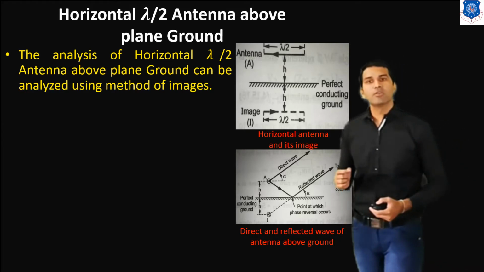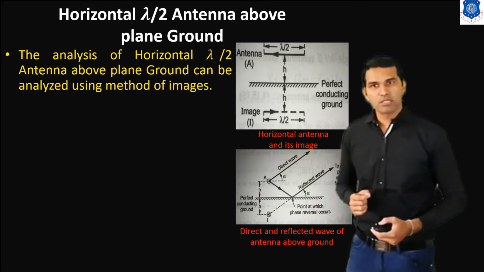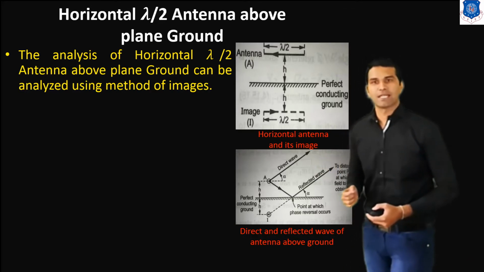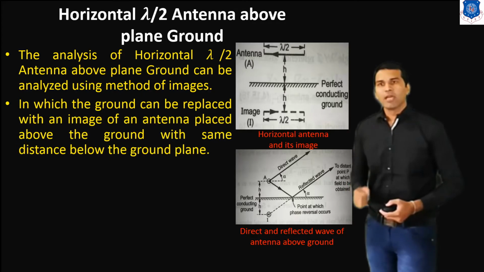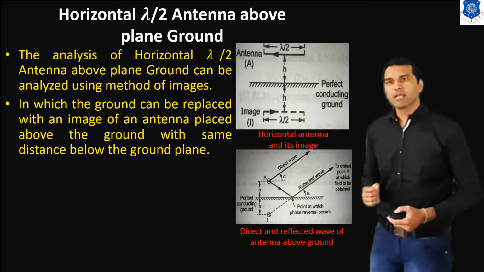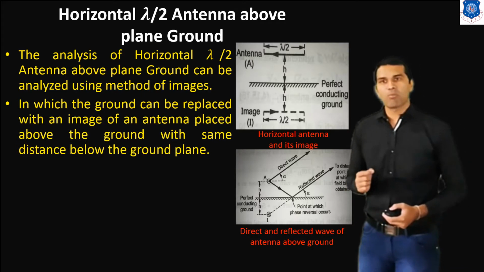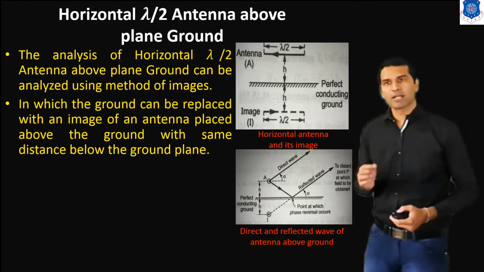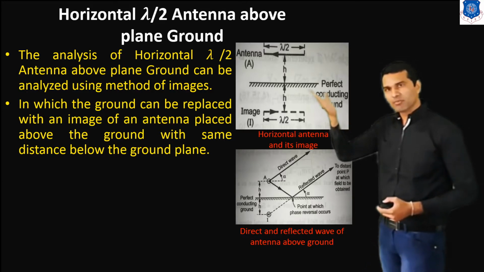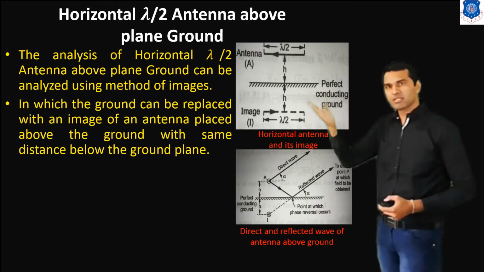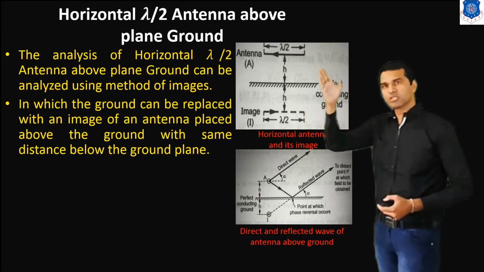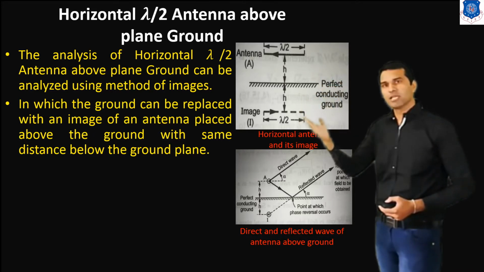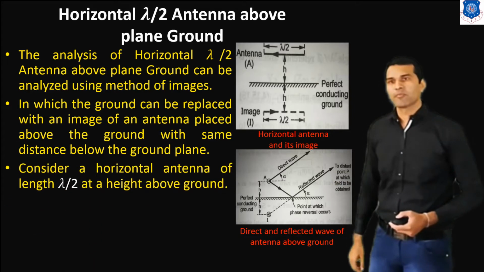So here we use the method of image to analyze this antenna, in which the ground can be replaced with the image of the antenna placed the same distance below the ground plane. So in the first figure we can see the antenna placed below the ground plane. This is the original and this is the image of the antenna.